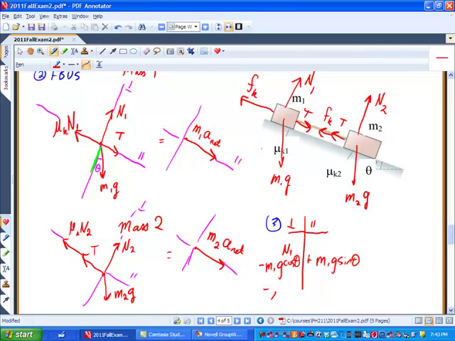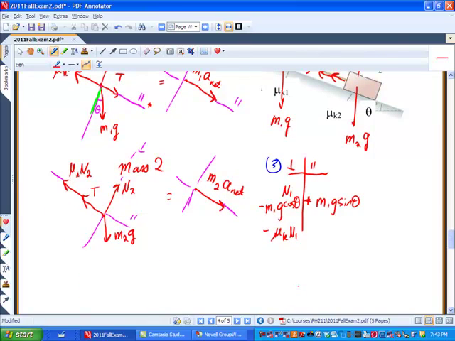Let's make this way positive, which would make this one a minus mu k n1. And then we have a tension also in the positive direction. And all these have to add up to M1 A net in the parallel and 0 in the perpendicular.